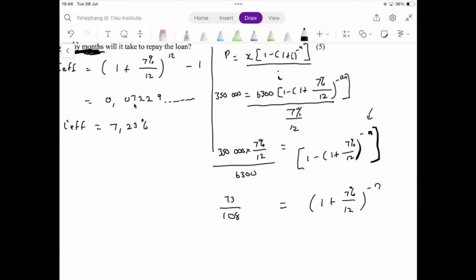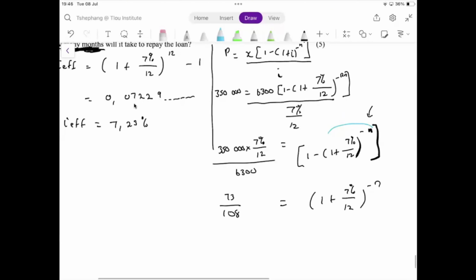So all I did is I took this part to the side and I brought this cloud to the right hand side. Calculator work. If they ask you for years, you are going to include the 12. The 12 that I just omitted, that's what you're going to include.